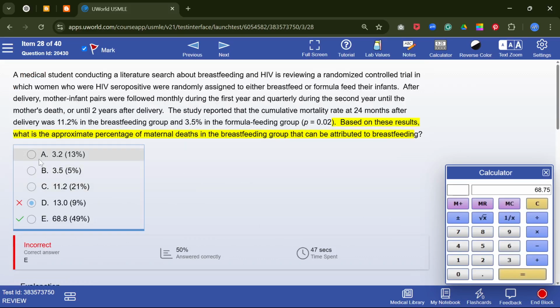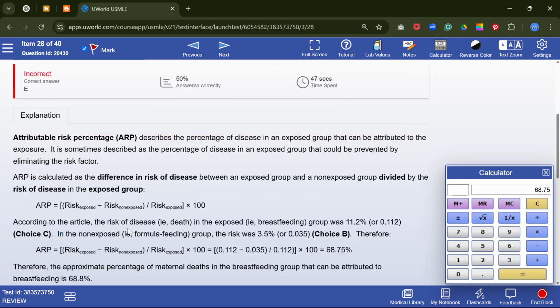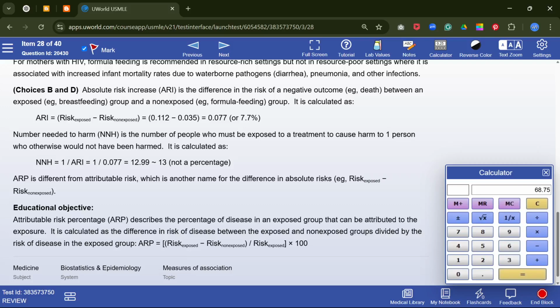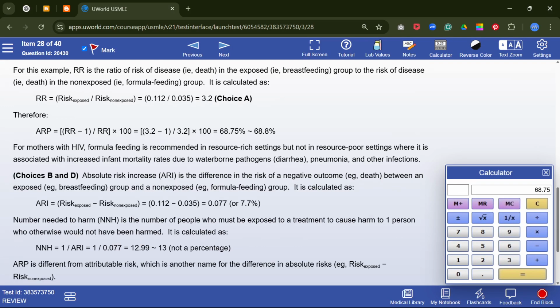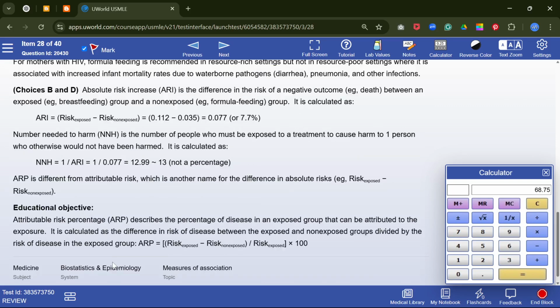So 3.2 is actually the relative risk. We can calculate attributable risk percentage this way: relative risk minus 1 divided by relative risk.